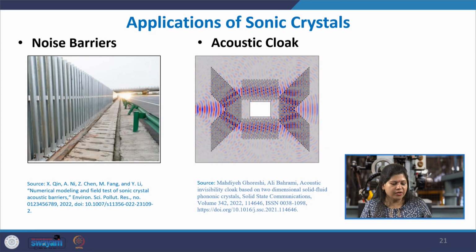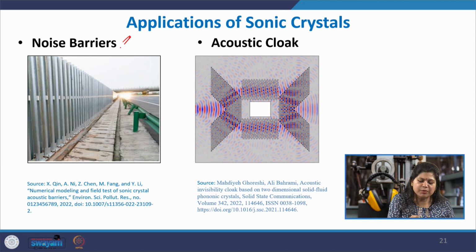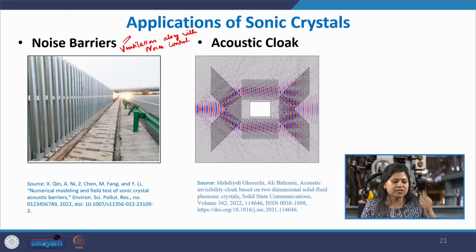They can definitely be used as noise barriers, which is the most common application, and as noise barriers they are able to provide ventilation along with noise control compared to the traditional noise barriers which are made of wood, cement, etc. This also provides ventilation.